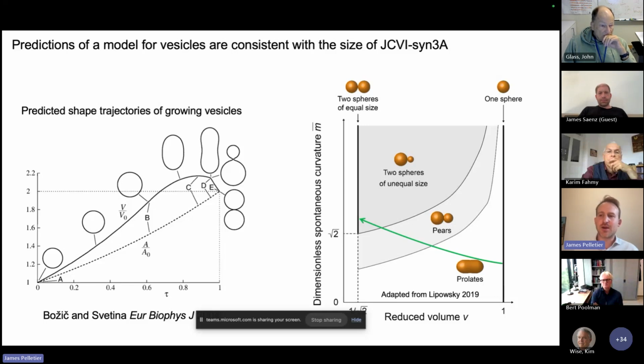And then the other bacteria that I find fascinating are the obligate intracellular parasites. These are bacteria that have even smaller genomes than SYN3.0, but they're not free living. They need to live inside of another cell. Those bacteria are also often pleomorphic, and the mechanisms of cell division in those bacteria are also pretty wild. So those are the two closely related species.